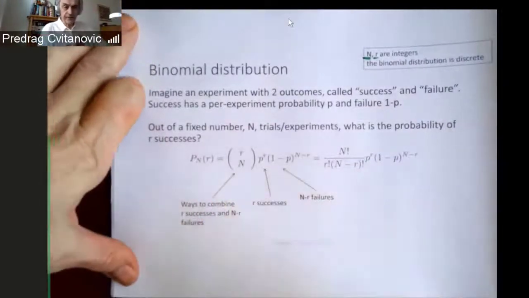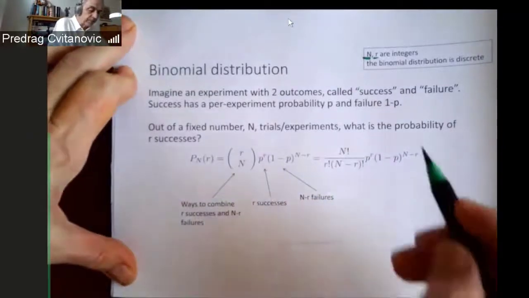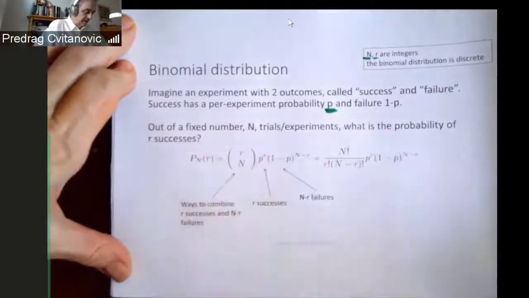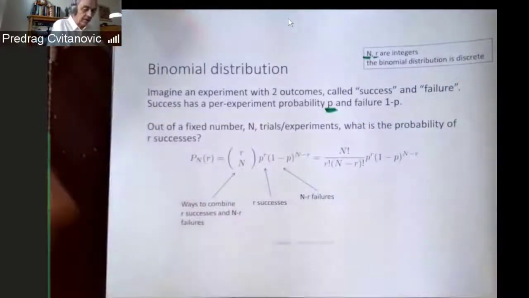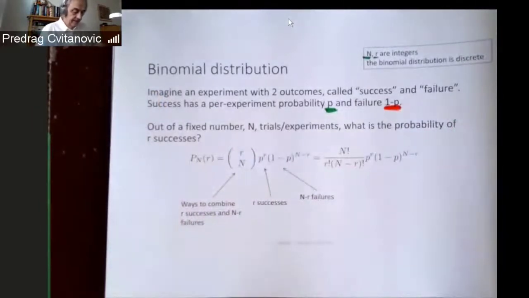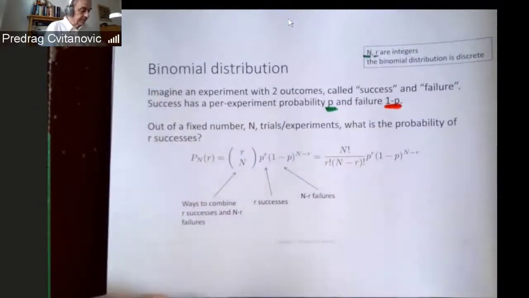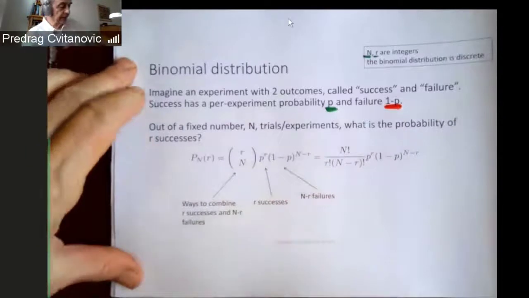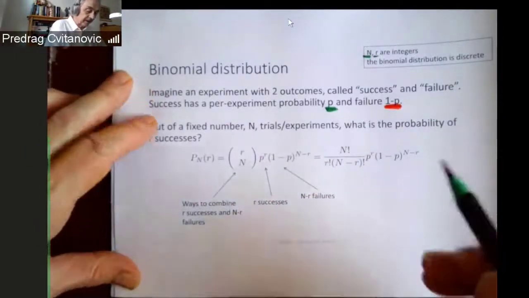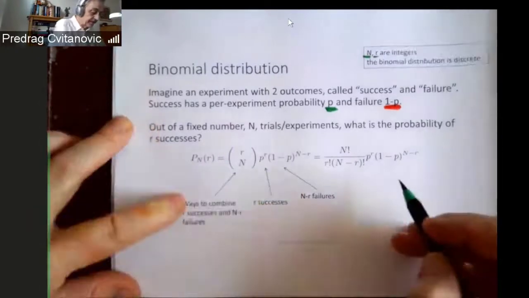And you can use frequentist method to compute the probability of a success or a failure. So if you have n trials, what's the probability of R successes?